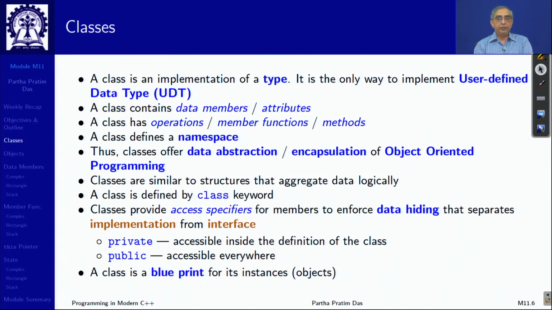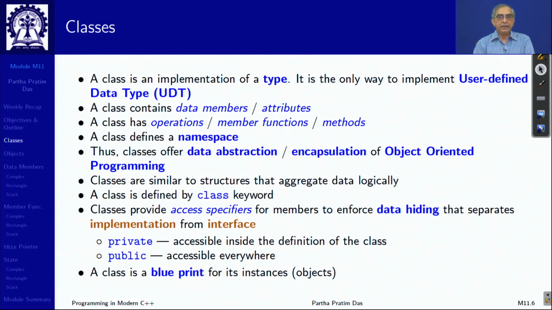But here we can construct types which are user defined, called UDTs, but the beauty would be that these types, if we properly design them, we can make them behave exactly like a built-in type and then keep on using them subsequently.